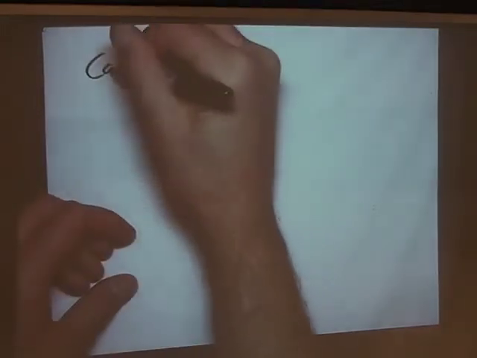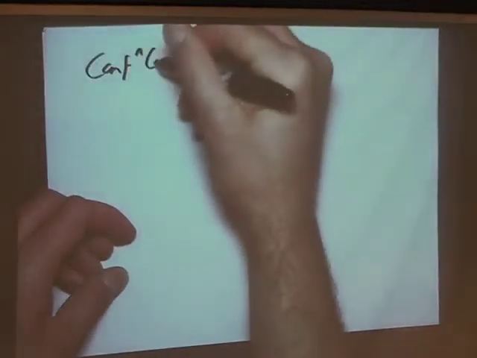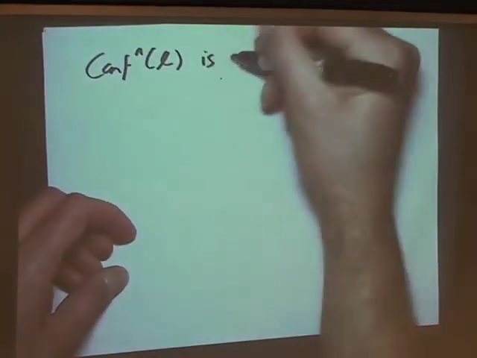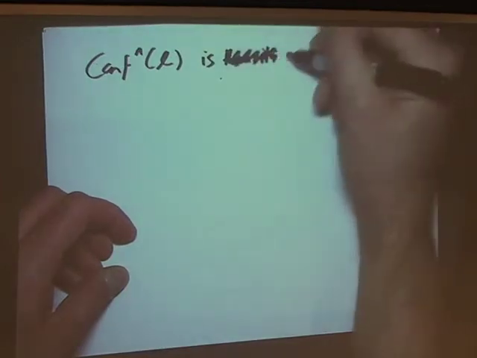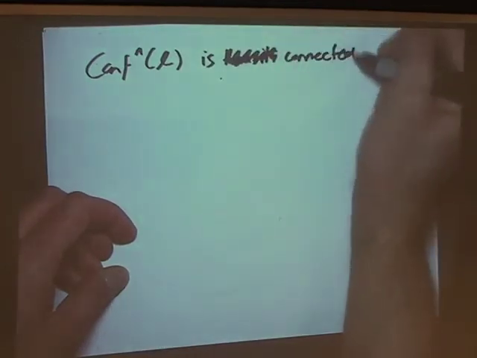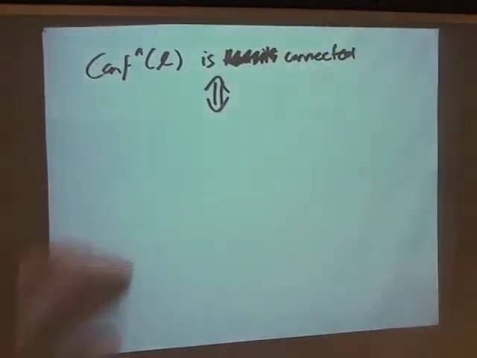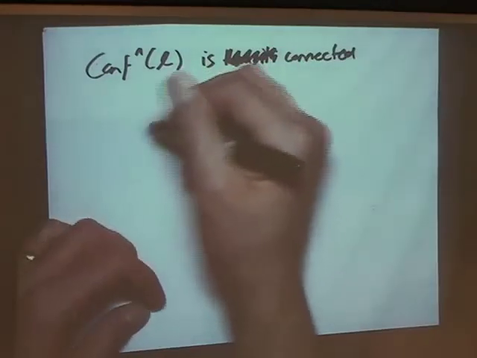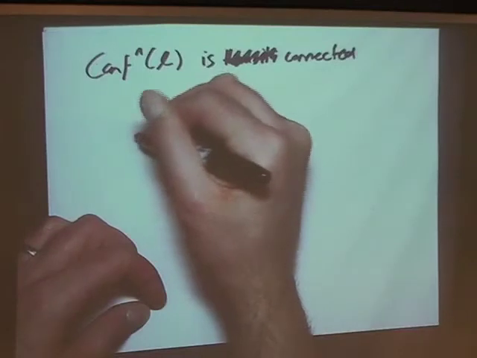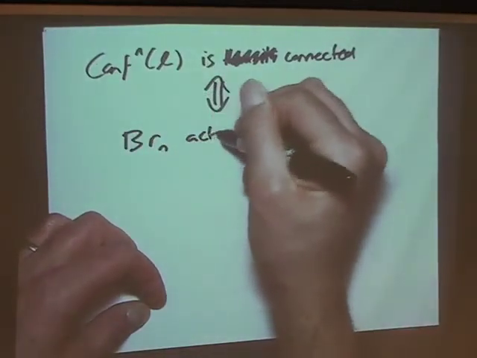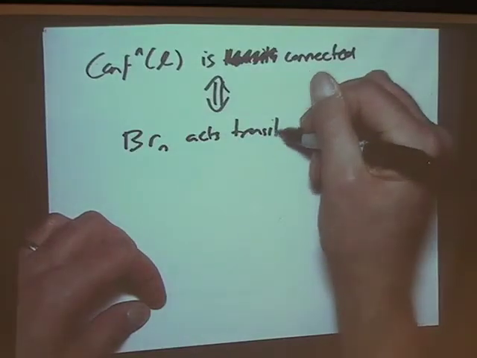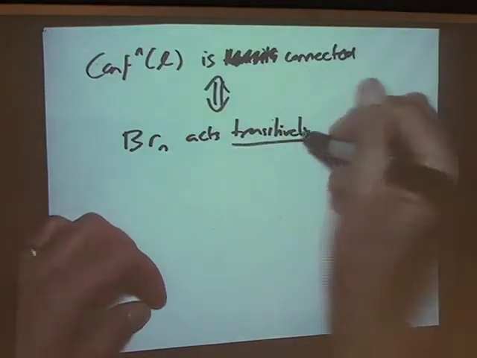So to say that Conf_n L is connected, which is what we need to know, is exactly the same as saying that the braid group of n acts transitively. Oh, so I made a slight mistake.